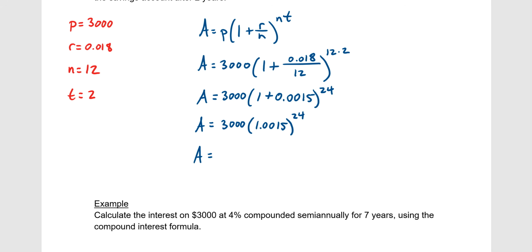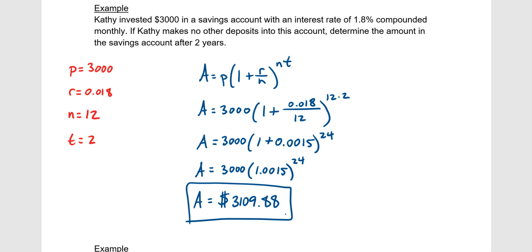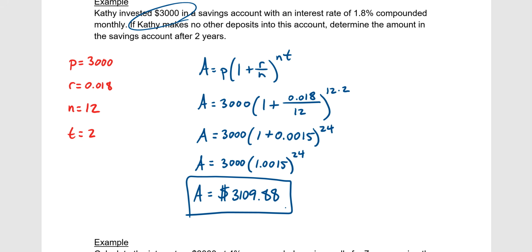And we end up getting about $3,109.88. And just make sure your answer makes sense. Originally invested $3,000 for 2 years. We ended up with $3,109.88.